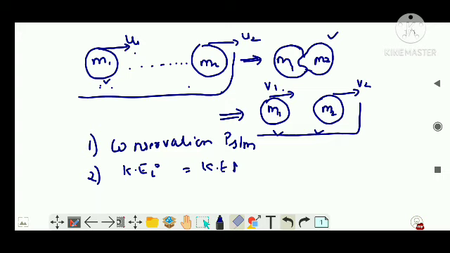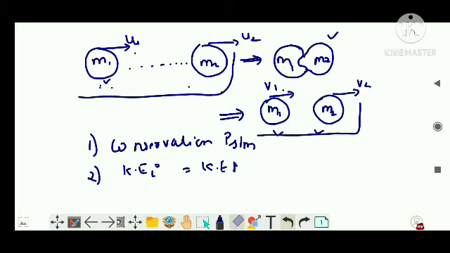Because see, mass M1 collided with M2, and for a fraction of a second the shape changed like this. At that time M1 might lose some kinetic energy and M2 might gain some kinetic energy, or they might lose some kinetic energy to the environment. That can happen.